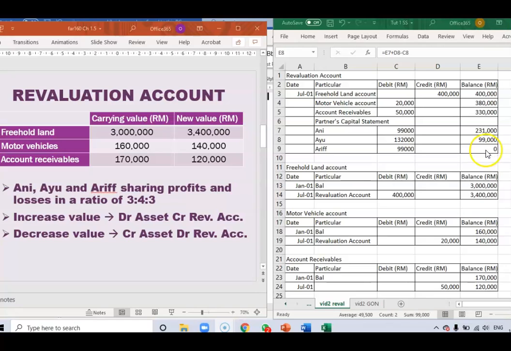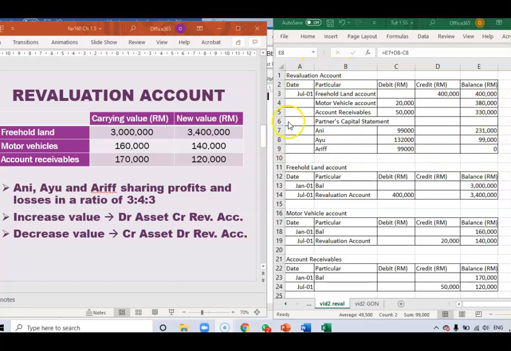In the end, your revaluation account should have a balance of 0, because you will not keep the revaluation account in the books. You will transfer all of it to the partners' capital account. That is how you make the revaluation account. However, in the exam question, if they ask for the revaluation account, then you do this only, the top one.